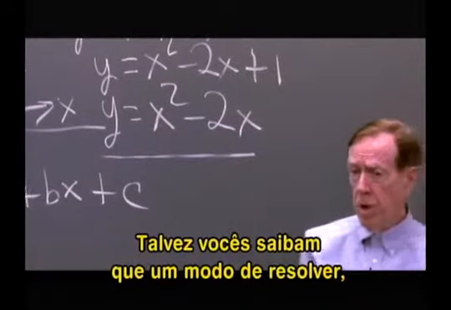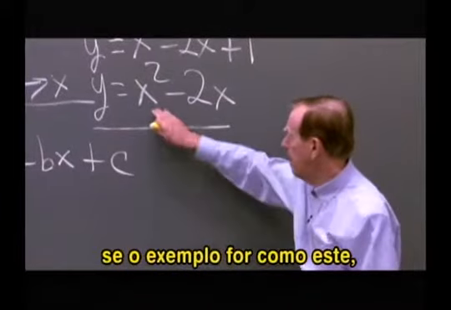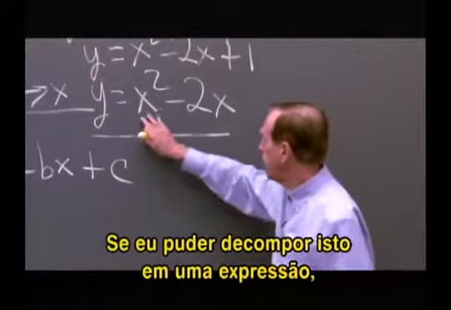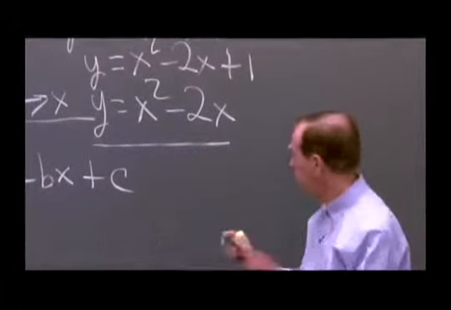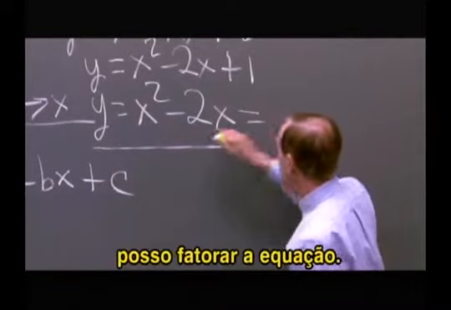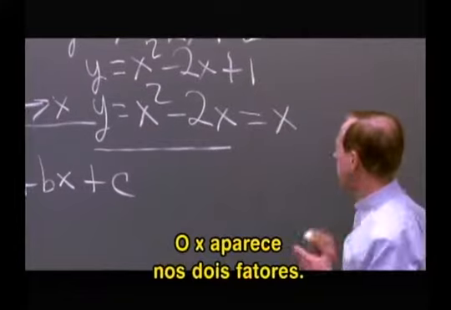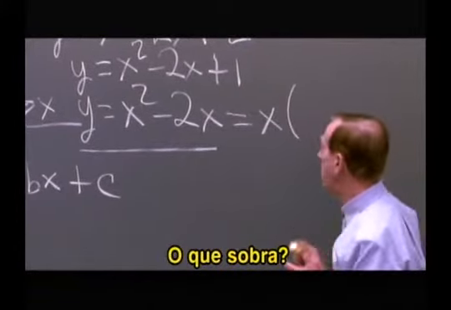So I want to find where that's 0. And maybe you know that one way to do it, if you have a nice example like that one, is factoring. If I can split this into two things multiplied together, and I can, do you know how I could factor that? An x appears both places, so I can take out the x, and what's the remaining thing?